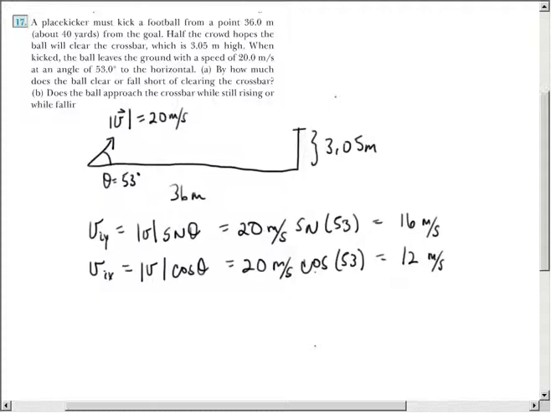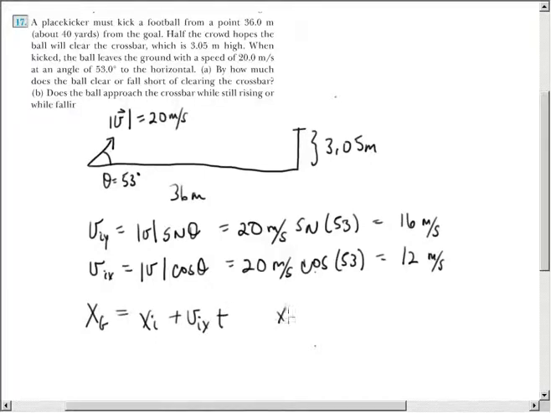I start by using the particle under constant velocity model and calculate the time required for the particle to travel horizontally 36 meters. So go ahead and calculate this. Pause the video and do the calculation. So we know that the distance to the goal, xg, will be equal to xi, whatever the initial position is in the x direction, plus Vix t.